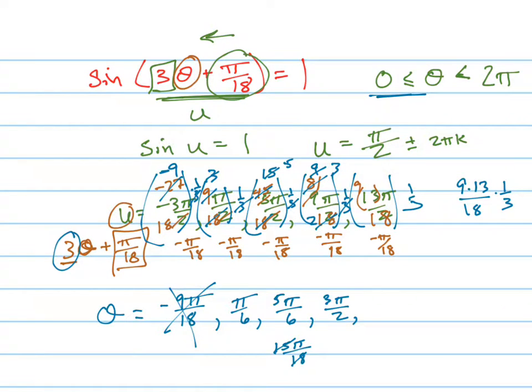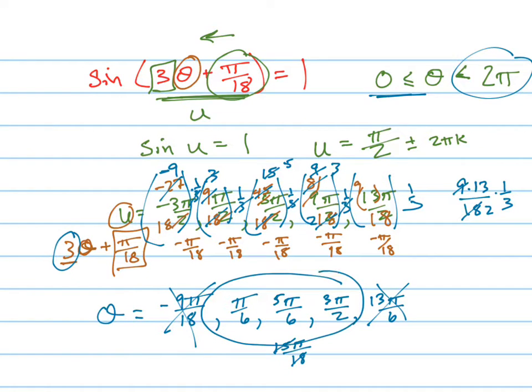Sorry, start that over. That 9 and that cancel and you get a 2. So 13 over 6, 13 pi over 6. Is that in my range? No, it's outside my range. So I've got 3 answers.